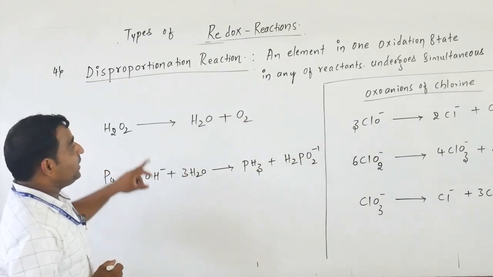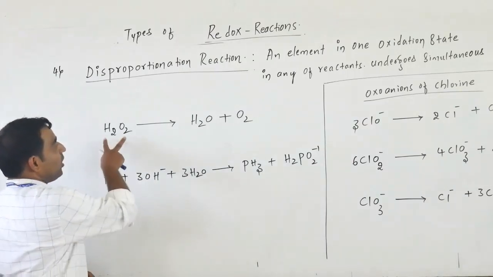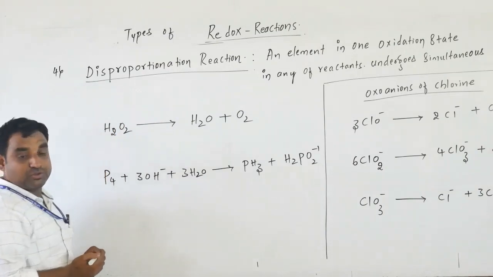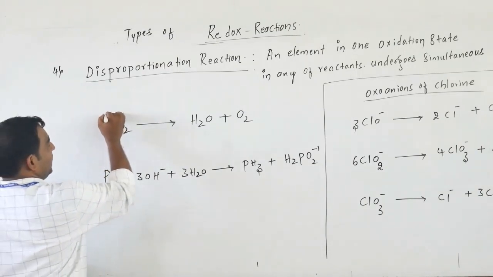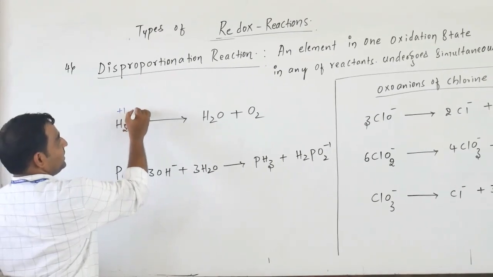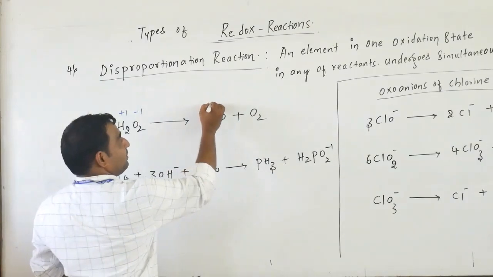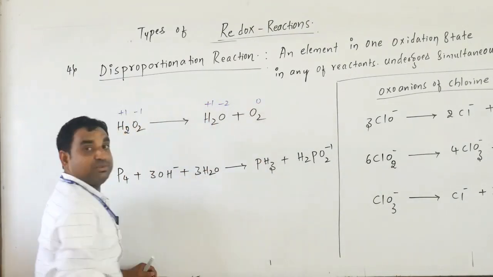So an element in one oxidation state in any of the reactants undergoes both oxidation and reduction. Here it is hydrogen having a +2 oxidation state. So now one hydrogen having a +1, it is -1. So now hydrogen having a +1, here it is -2, here elemental nature will be 0.